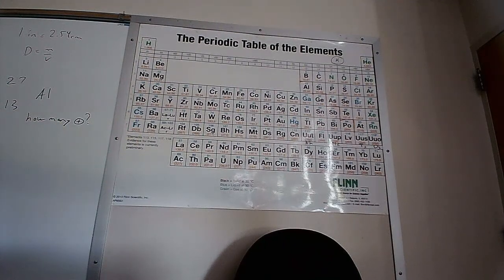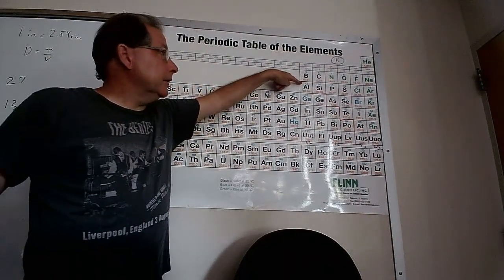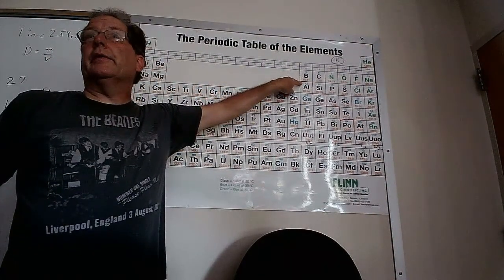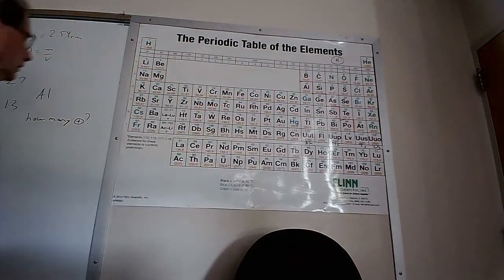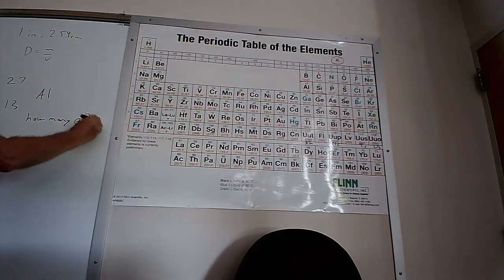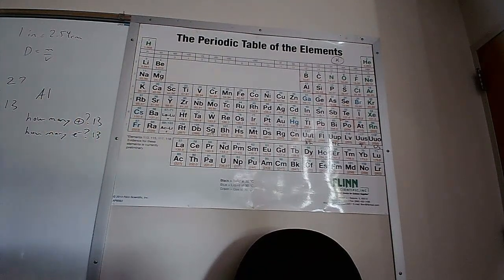The number is 13. Where did I get that from? 13, I'll walk over here, is the atomic number of aluminum. The atomic number tells me the number of protons and the number of electrons in a neutral atom. So there's 13 protons and 13 electrons. Then I have written down there how many neutrons.